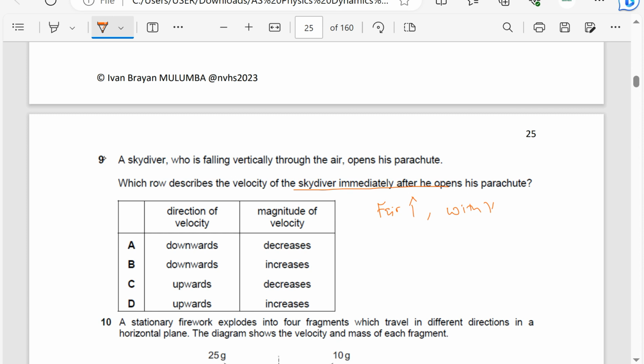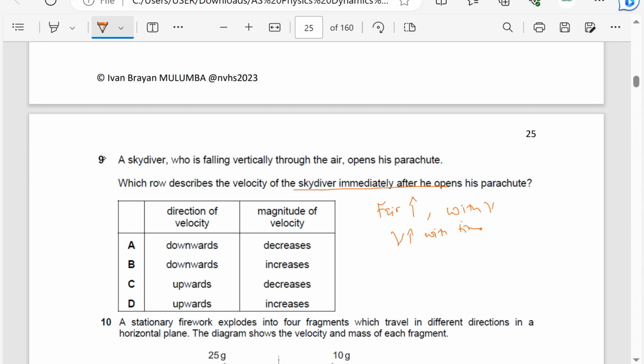So it means v is going to increase with the time, just immediately after the skydiver opens his parachute. First of all, v is going to increase with time, and force due to air resistance increases because v is increasing.